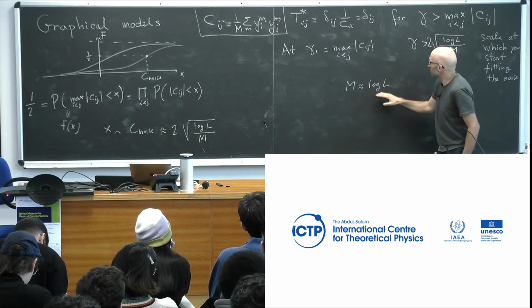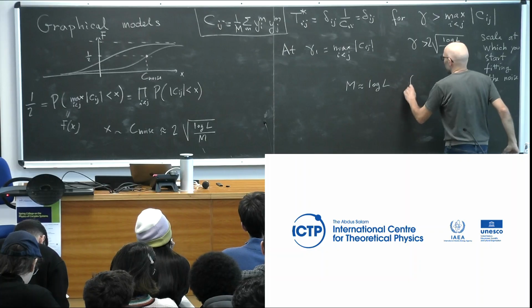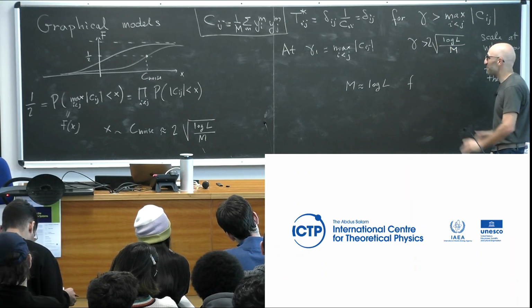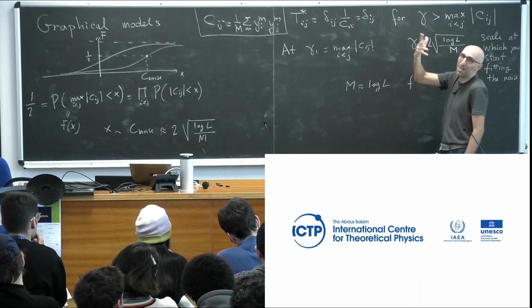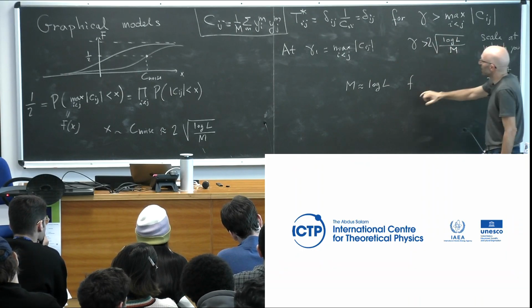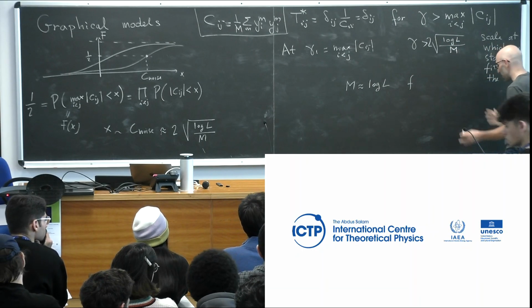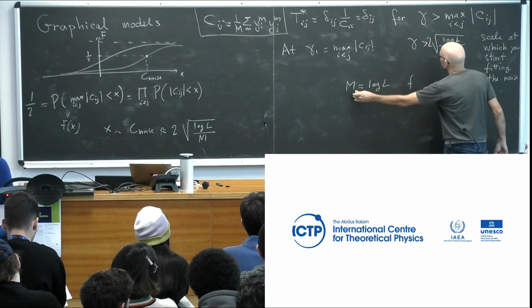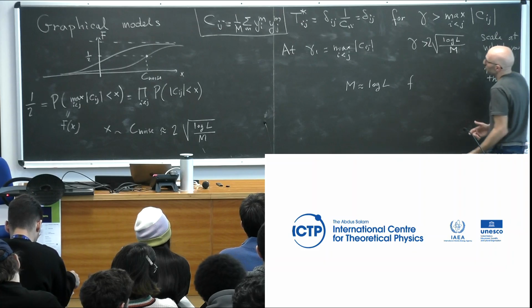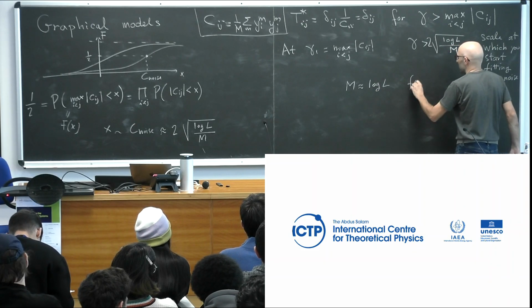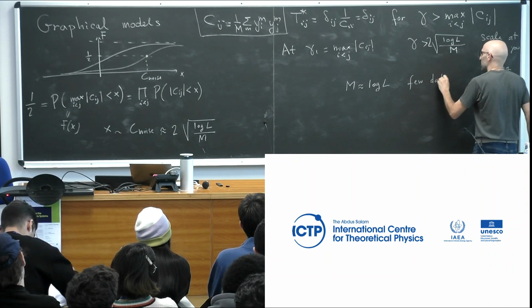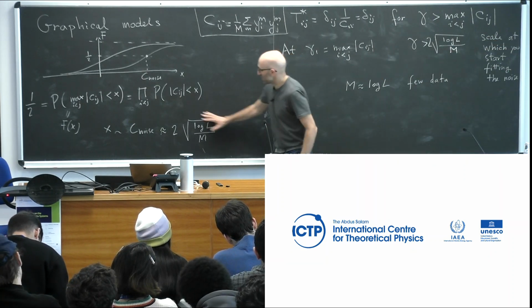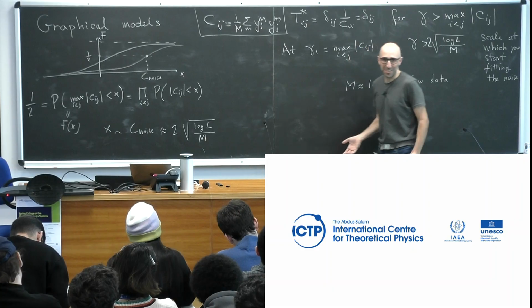So you need few data. L is the size of your problem. Here you have L square parameters, the matrix. But anyway, L is the size of your problem, how many components you have in your data. And this is telling you that you need of the order of log L data to realize that there is no correlation in the data, okay?